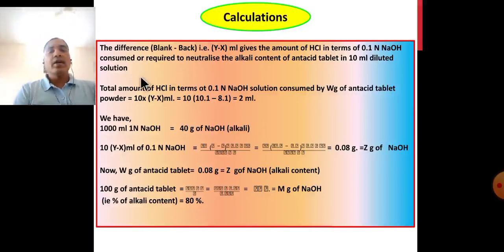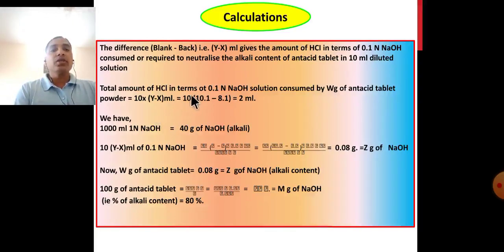Calculation of this experiment: the difference between blank and back titration, that is Y minus X ml, gives the amount of HCl in terms of 0.1 normal NaOH required to neutralize the alkali content of antacid tablet in 10 ml of diluted solution.